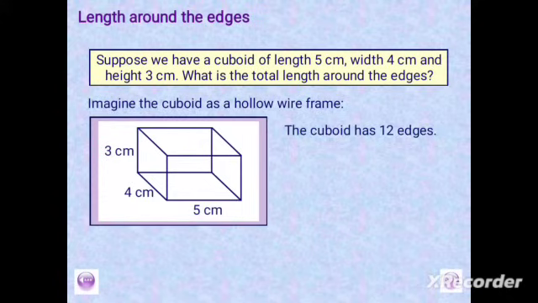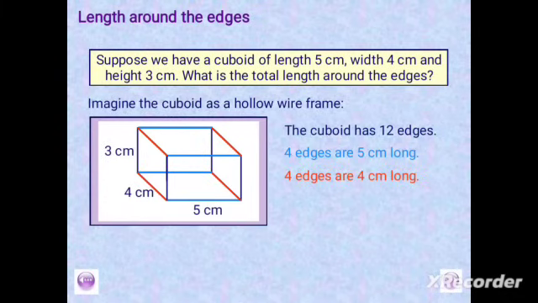Now we have that the cuboid has 12 edges. That means 4 edges are 5 centimeters long. Again, 4 edges are 4 centimeters long. And again, 4 edges are 3 centimeters long.